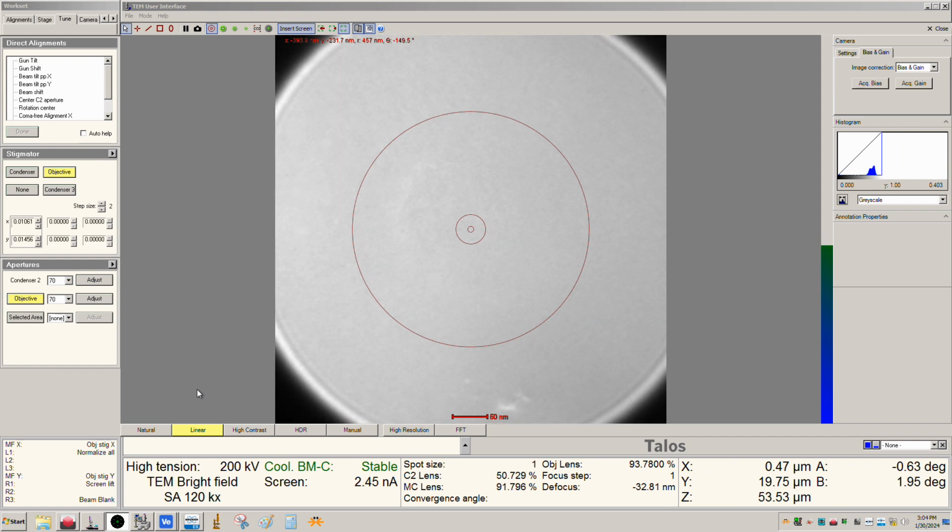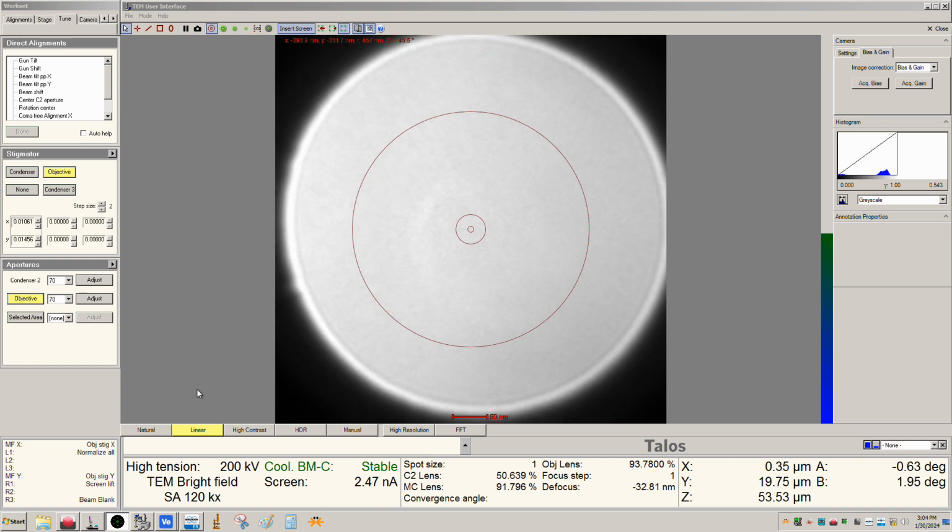Okay, so we're starting to see the beam-induced damage a little bit here. I can start to see some of it right there, actually.